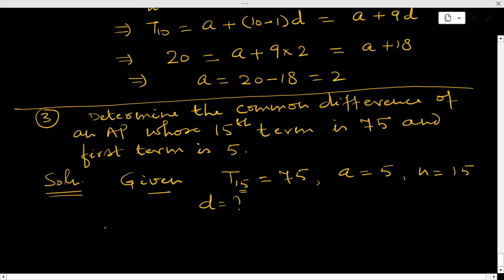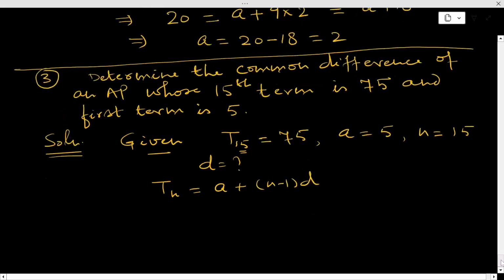Again, we know the formula of the general term, which is Tn is equal to a plus n minus 1 into d. So here, using this formula, this implies T15 is equal to a plus, so n minus 1, so this will be 15 minus 1 into d.